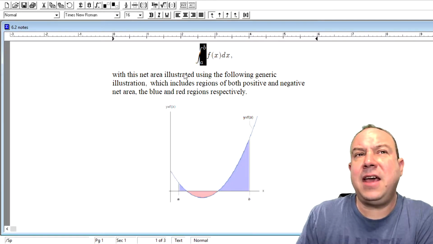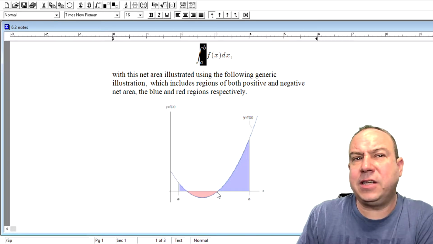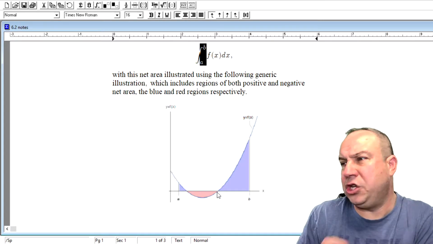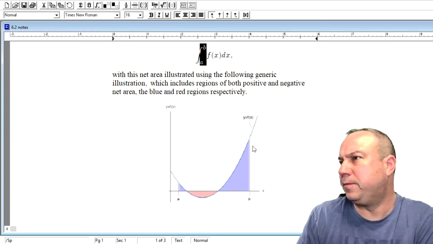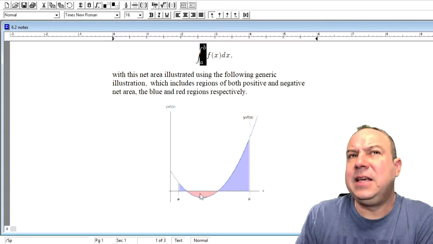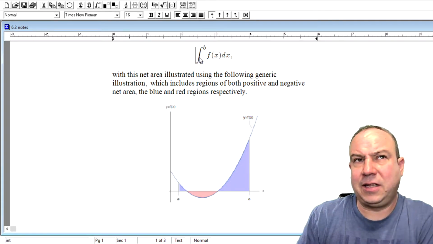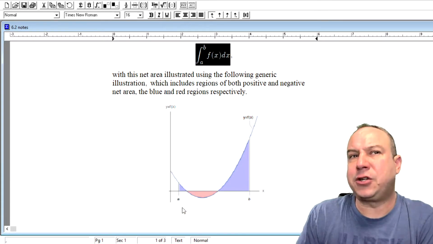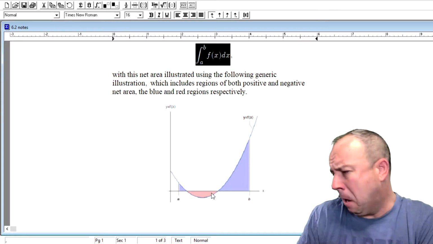That net area trapped between the curve is all the area seen in this bluish region here, all this area seen in this reddish region here, and then again all this bluish area seen here. All of that area is considered in this net area calculation. This calculation is interpreting the net area seen in all three of these shaded regions.